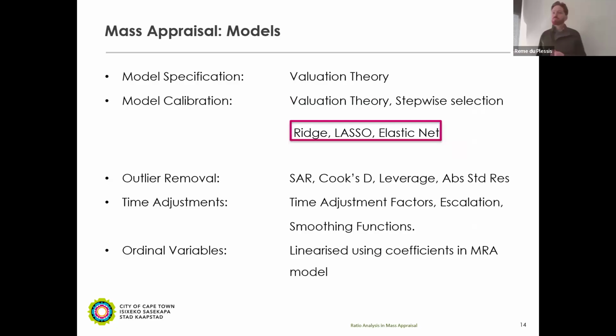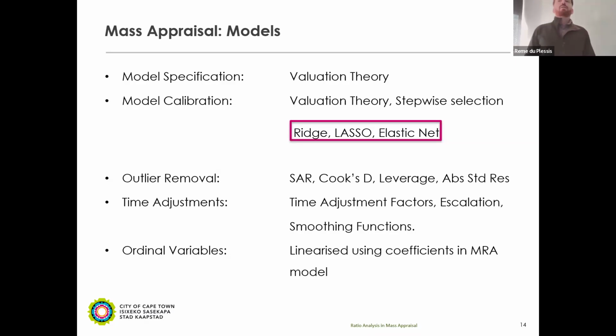For model calibration, ideally we would be able to put in everything that's in our model specification. We run some sort of regularization to come to our final model, because we all know that stepwise selection can have its issues.